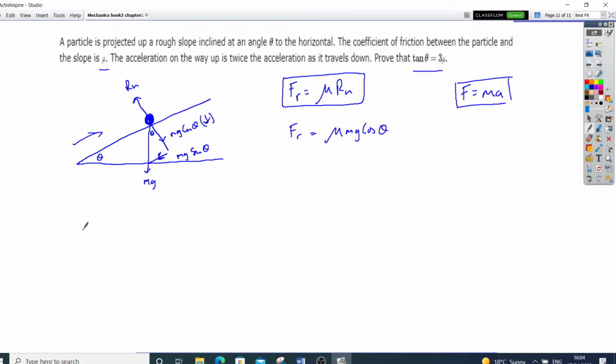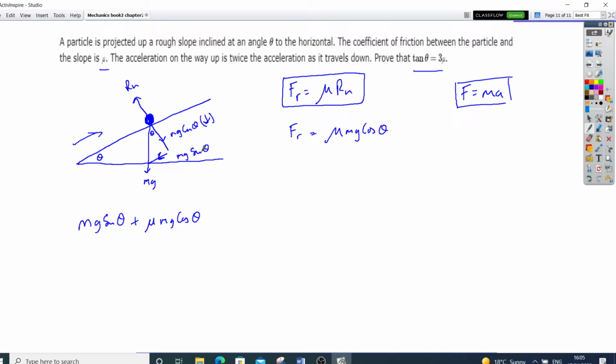What's opposing this is mg sine theta, coming down the slope, and since the particle is going up, what's going against it is friction, so we add this friction, mu mg cos theta. That's going to be our resultant force.